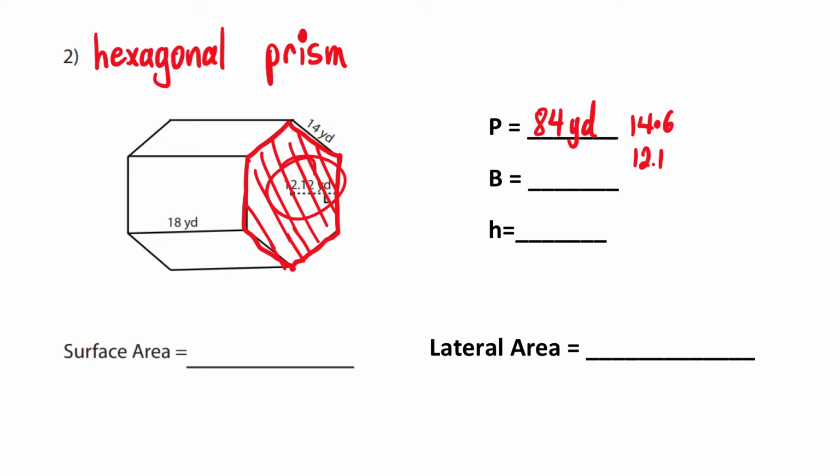So we're doing the apothem times the perimeter divided by 2 here. So 12.12 times 84 divided by 2. What does that give you? .04 square yards.